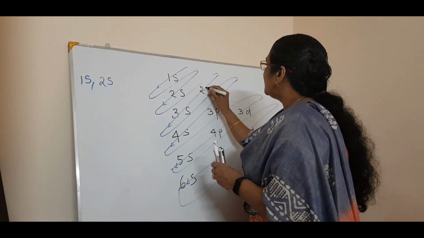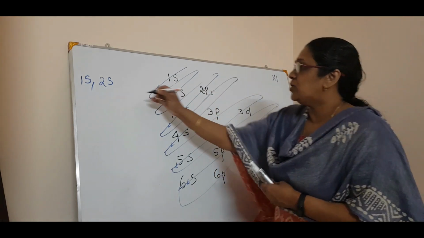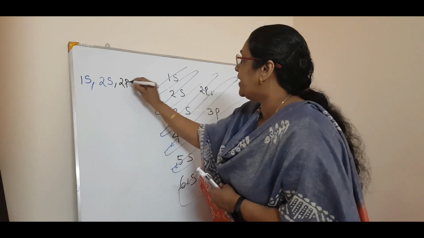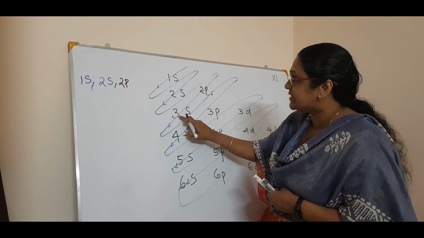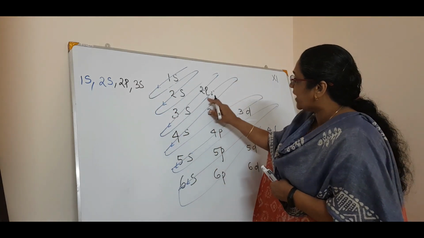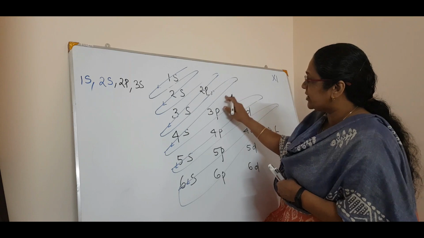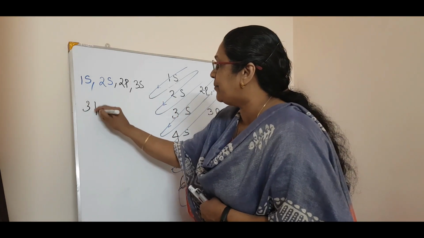Don't confuse it, this is 2p, correct. So I can write 1s, 2s, 2p, then what is it? 3s. So I can write 3s. Then what do we have? 3p. So I will write 3p.